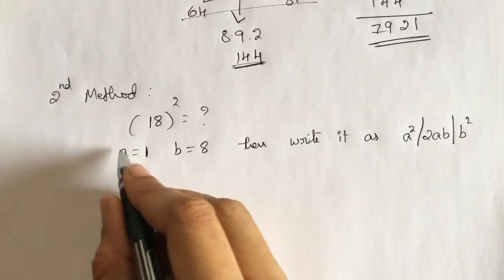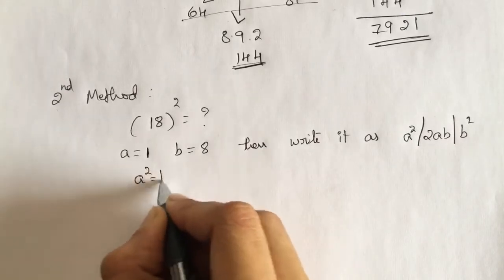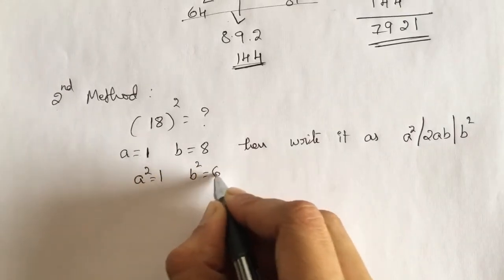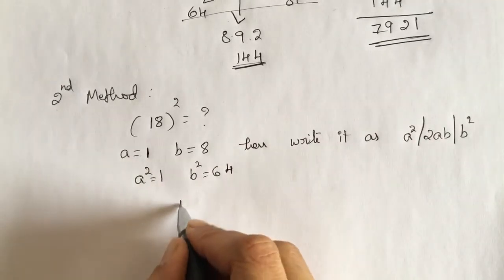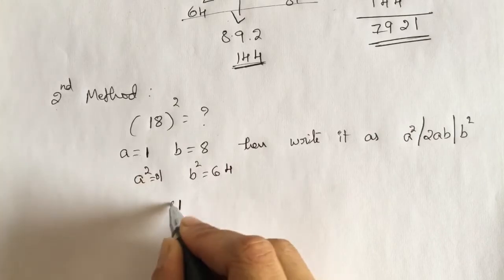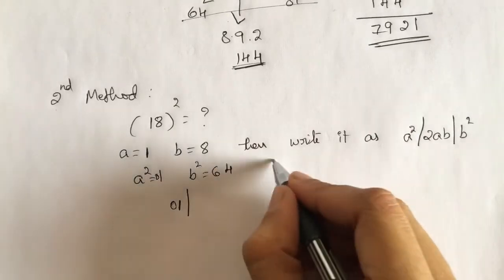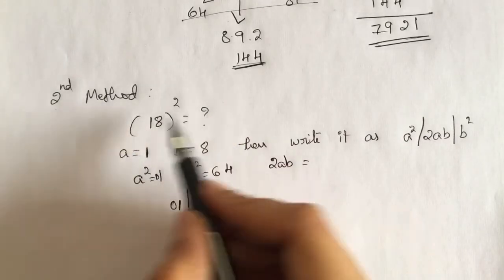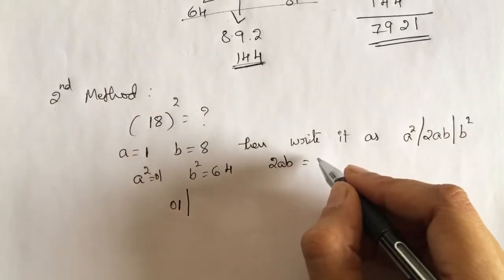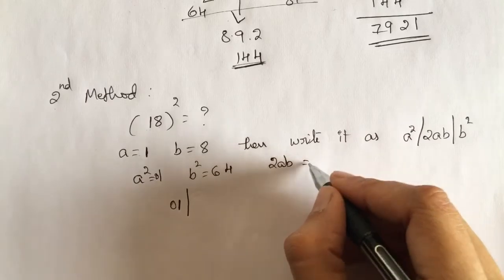Okay. See, A square is 1 in this case. B square is 64. You need to write it like this: 0, 1, bar 2AB. Same as this: 1, 8, 8, 8 into 2 is 16.